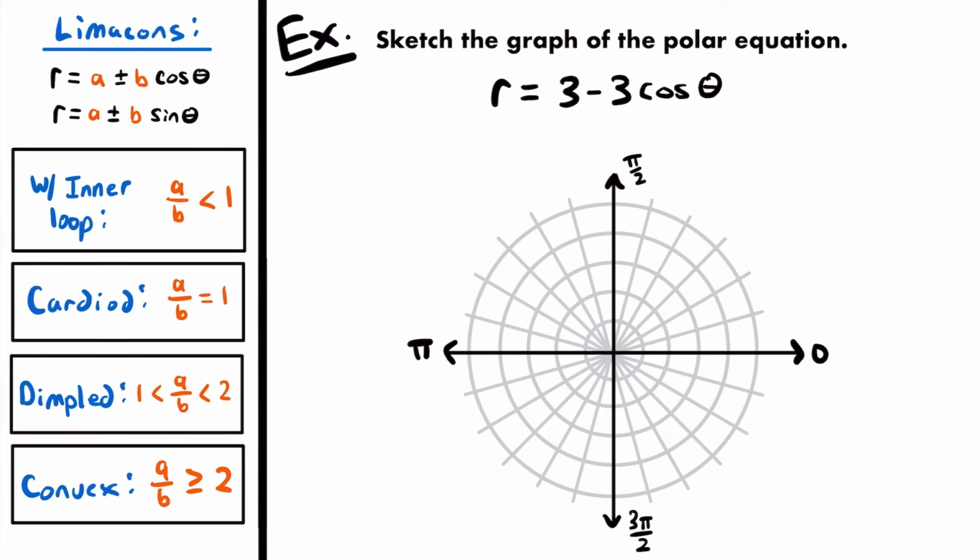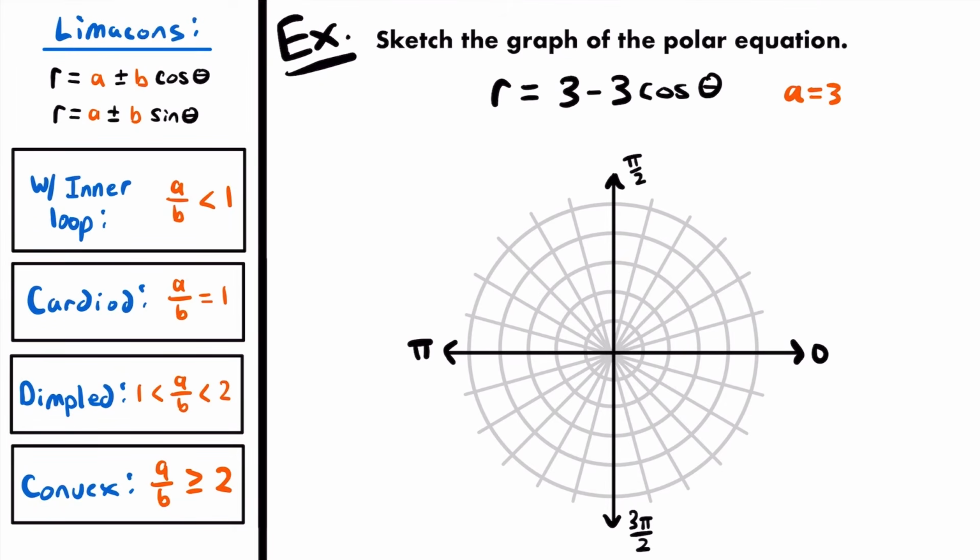Okay, so now that we have identified this polar equation as some type of a limacon, we now need to determine which type of limacon it's going to represent. And that's going to be based off of our values of a and b. Now remember, both a and b are positive constants, so we're going to ignore this negative for now. We'll come back to that in a second. In this case, both a and b are going to be equal to positive 3.